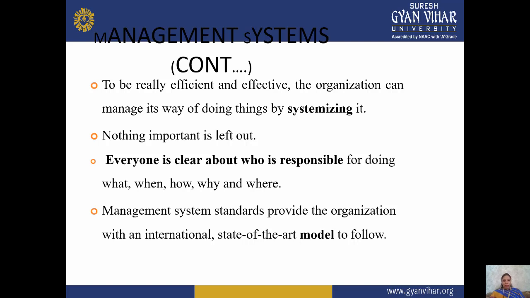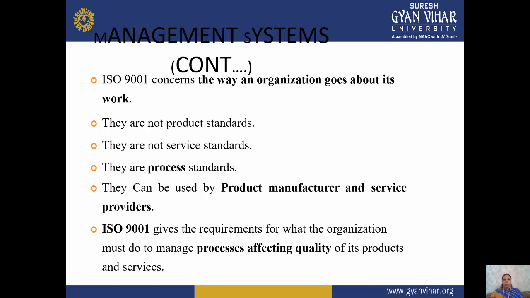Management system standards provide the organization with an international state of the art model to follow. Management system standards like ISO 9001 concern the way an organization goes about its work. They are not product standards, they are not service standards, they are process standards.